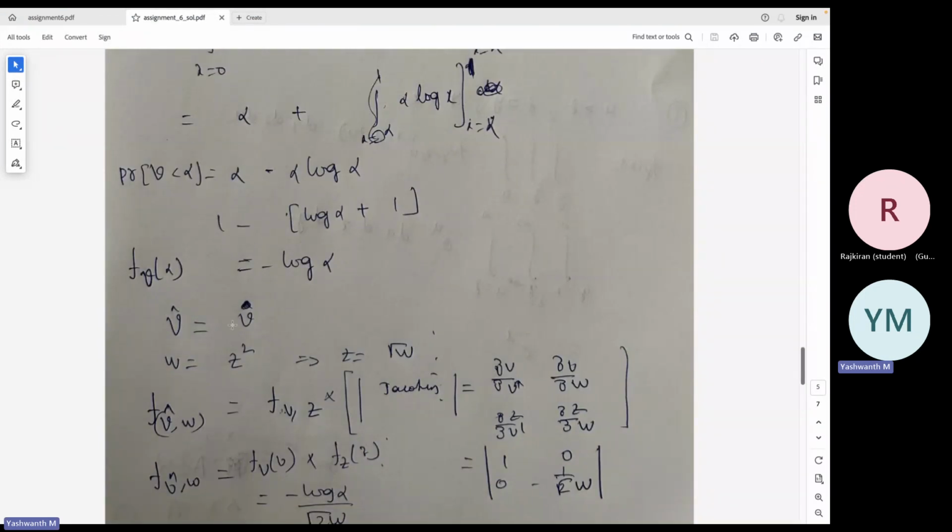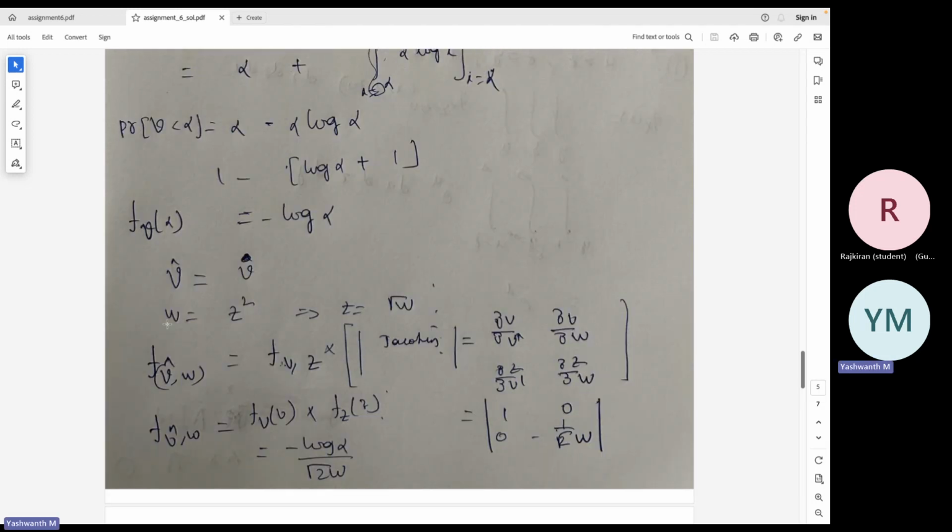I call V hat as V and W as Z squared, and we know V is XY, whose density we know is minus log alpha, and W is Z squared, where Z is uniform, and we know the Jacobian rule. The density of the output variables is the density of the input variables times the determinant of the Jacobian.